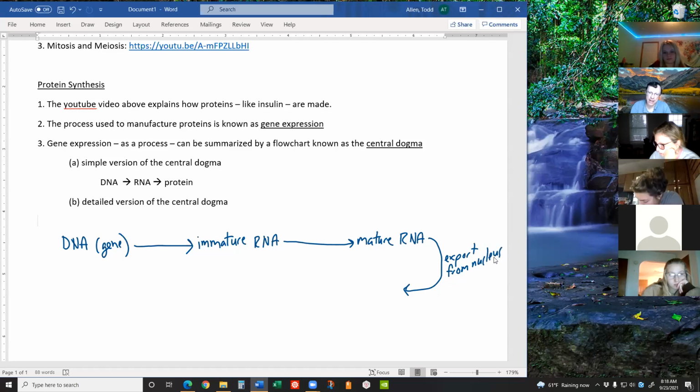Going to be exported out of the nucleus, where a ribosome, typically attached to the membrane of the endoplasmic reticulum, the rough ER, is going to take the information in the mature RNA, and it's going to build a polypeptide from it. The polypeptide is then going to be used to assemble a protein.